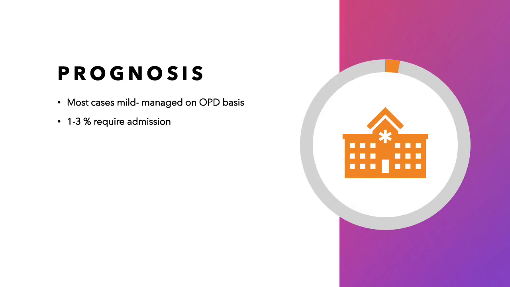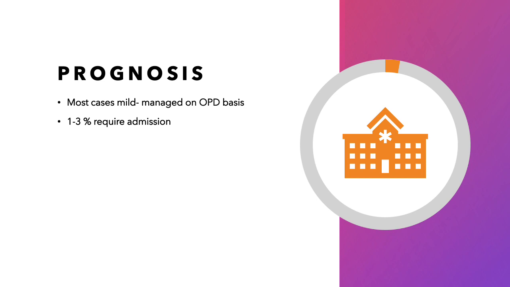So, coming to prognosis, most of the cases of laryngotracheobronchitis are mild in severity and can be managed on an outpatient basis with single dose oral dexamethasone. Community based studies have shown that less than 5% of children need admission for laryngotracheobronchitis.